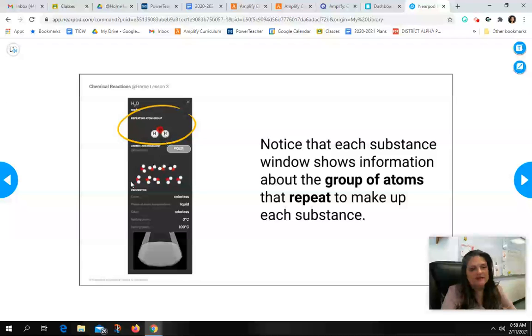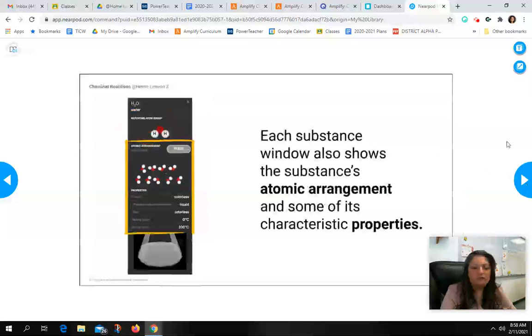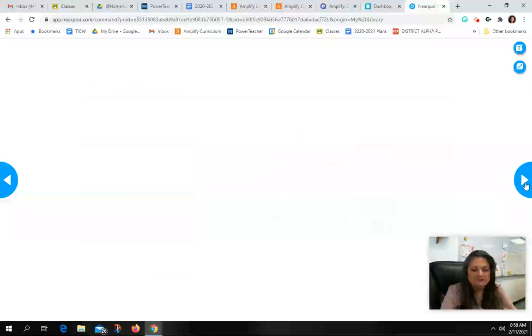And down here, it's showing that repeating group of atoms. Each substance window also shows the substance's atomic arrangement and some of its characteristic properties. So it does show how that atom repeats itself, and then it gives us some properties on the macro scale as well. So things that we would observe about the substance.